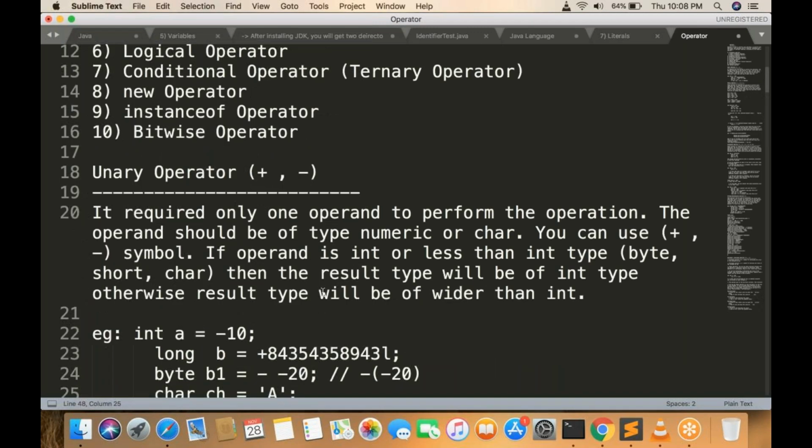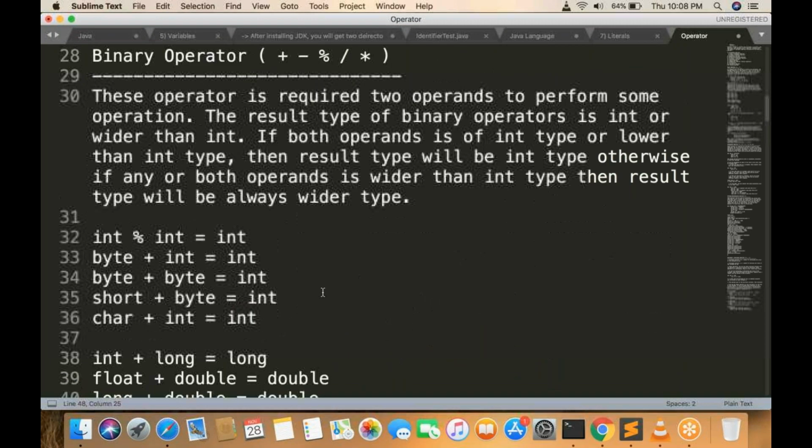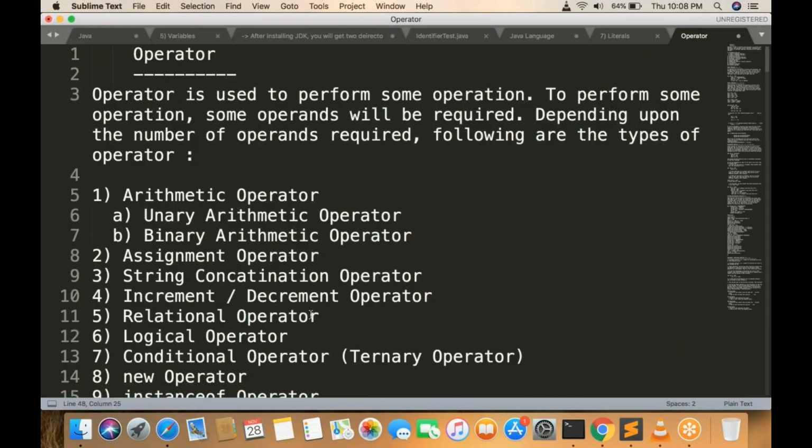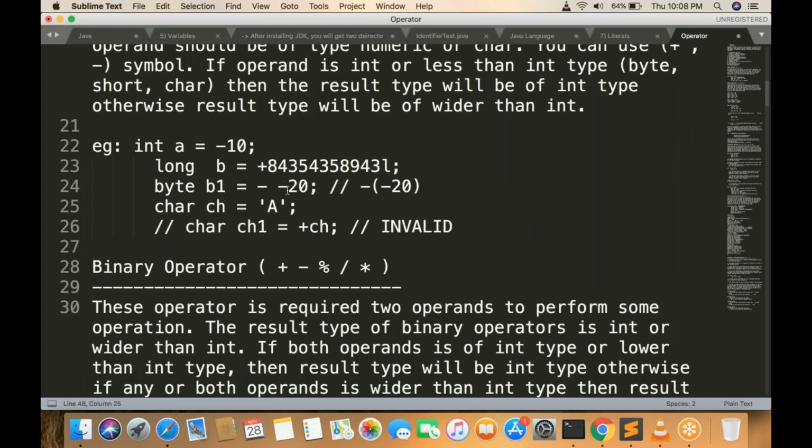Let's see here. If we are writing minus 10, minus is the operator, right? How many operands are here? One.